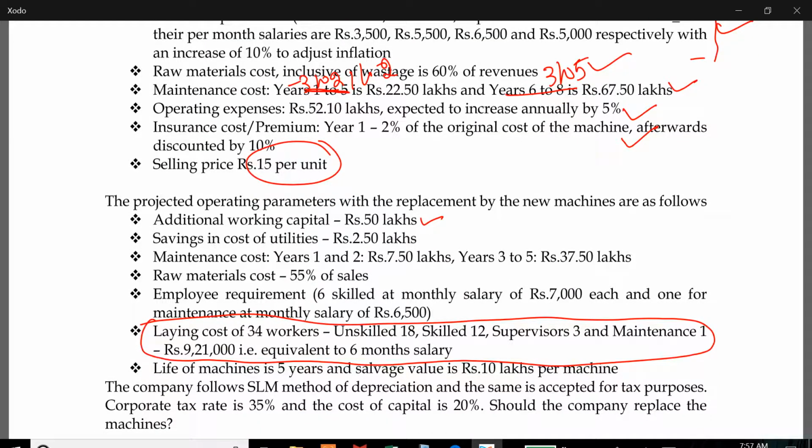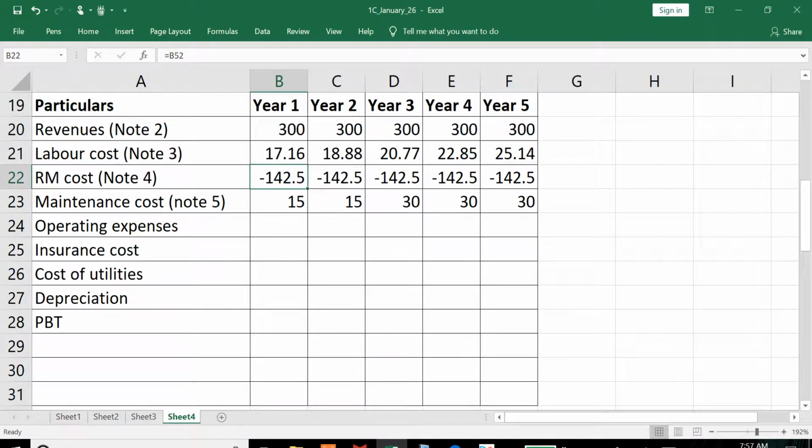No. If the problem is silent, it means it is the same operating expense and incremental will be 0. Old will be same, new will be same, additional is going to be 0. So for operating expenses, I will copy the same number for the new machine, and incremental is going to be 0.